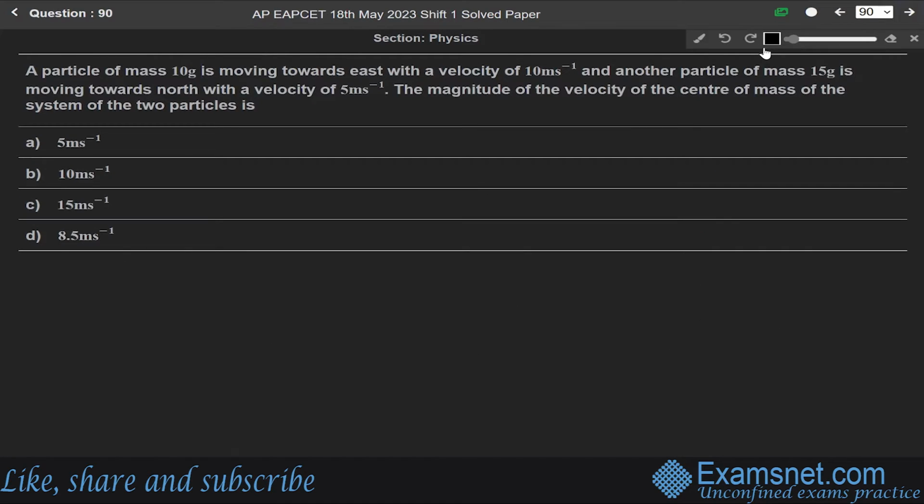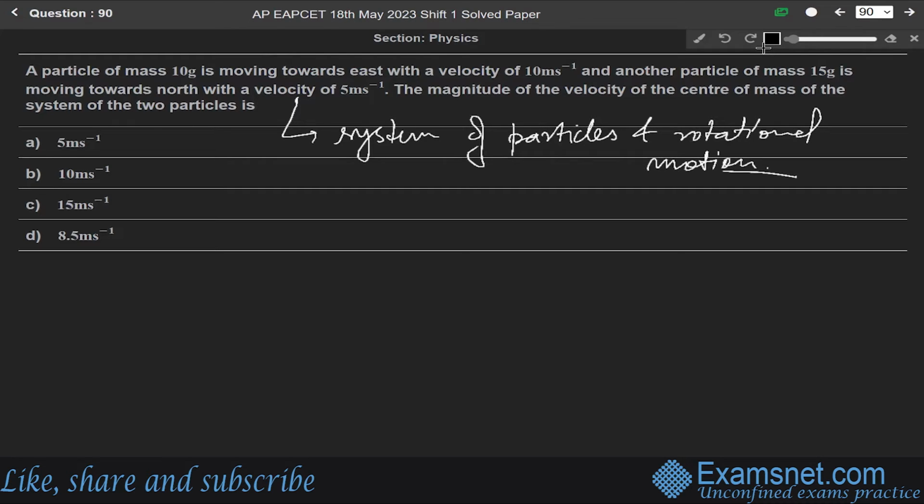A particle of mass 10 gram is moving towards east with a velocity of 10 meter per second, and another particle of mass 15 gram is moving towards north with a velocity of 5 meter per second. The magnitude of the velocity of the center of mass of the system of two particles is. This question is again from the chapter of system of particles and rotational motion.